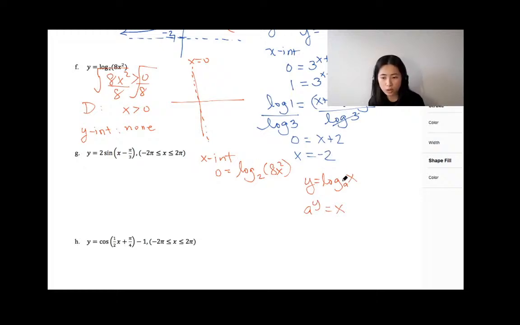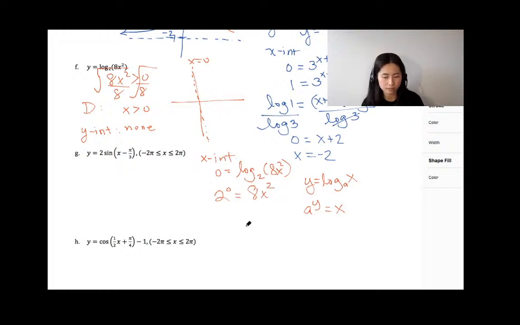As you can see, your a here is 2, raised to the power of y. What's your y? Your y is 0, so that becomes the exponent. So 2 raised to the power of 0, and then whatever your x is, that's 8x squared, right here. And then you drop the log.